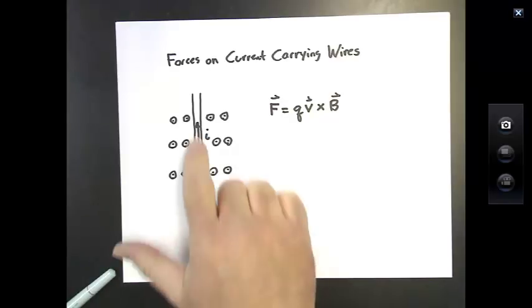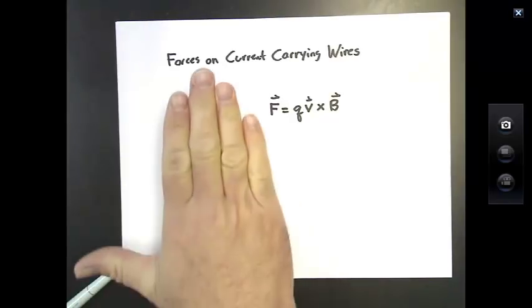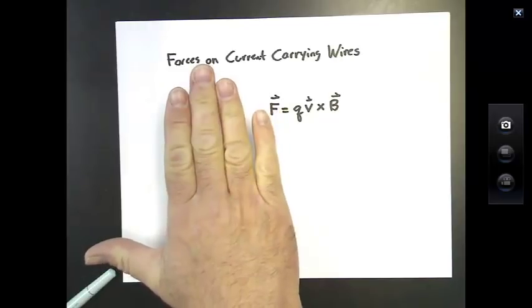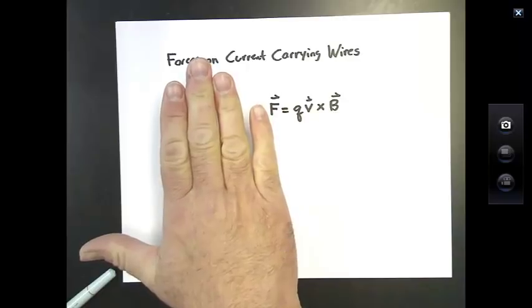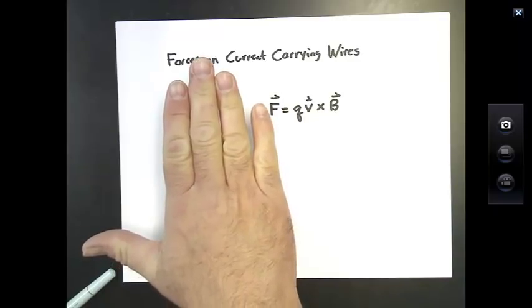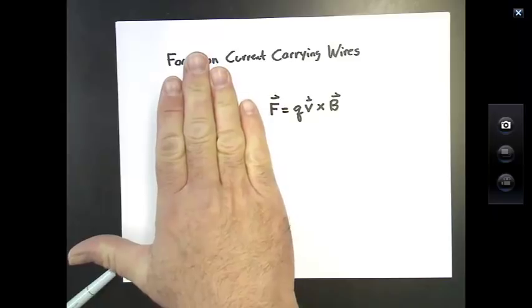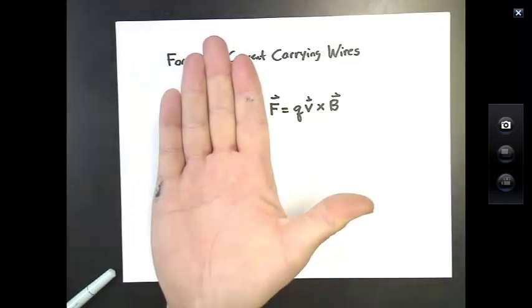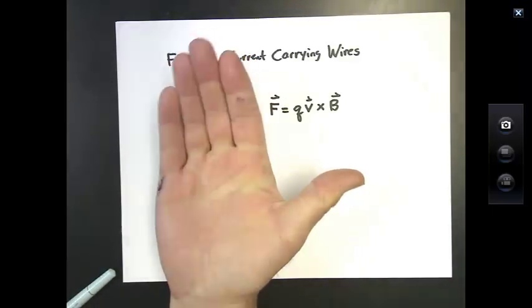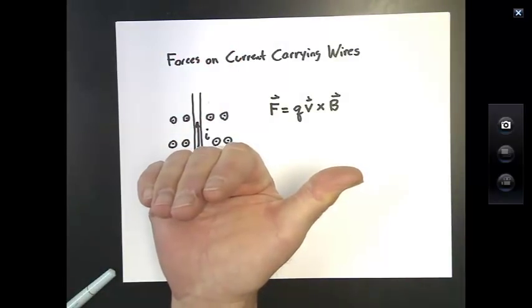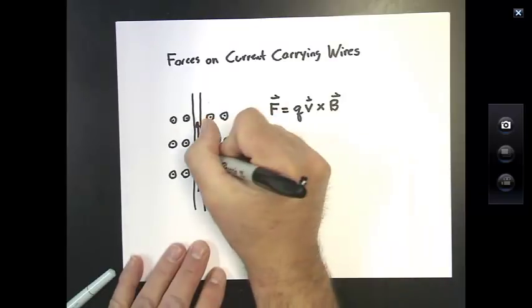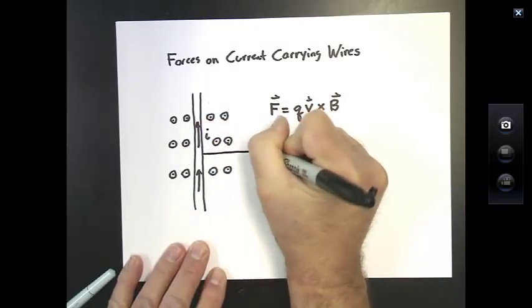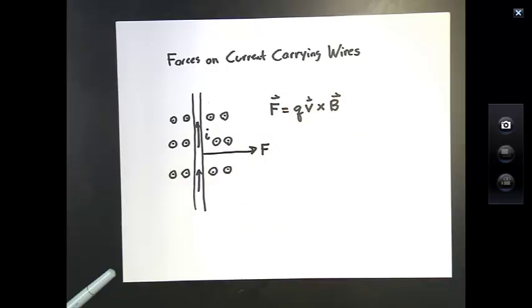Put the fingers of your right hand pointing in the direction the charges are moving, and allow the fingers to bend into the direction of the magnetic field. I can't do it this way, so I have to turn my hand over, and I can bend my fingers into the direction out of the page, which is the direction of the magnetic field given here. That means the force on this wire is this way. The wire will actually feel a force. If the wire is loose, it can get moved over by the field.